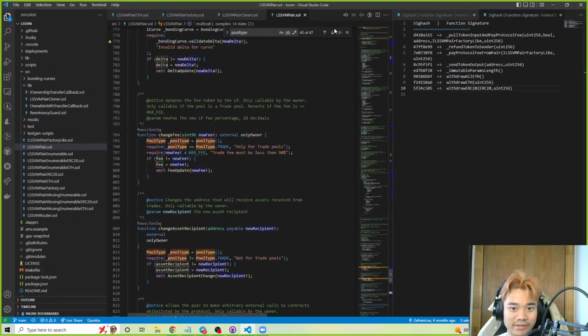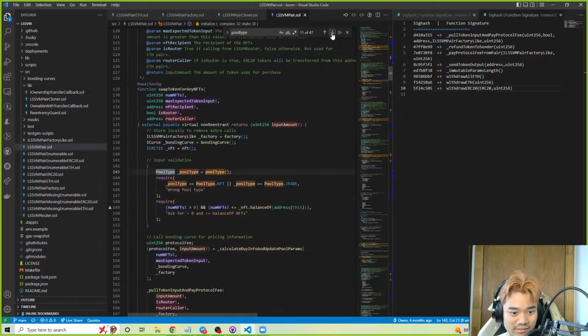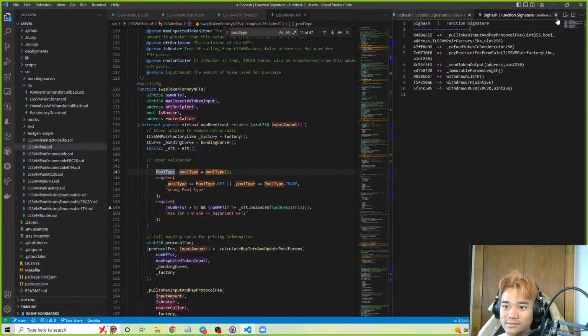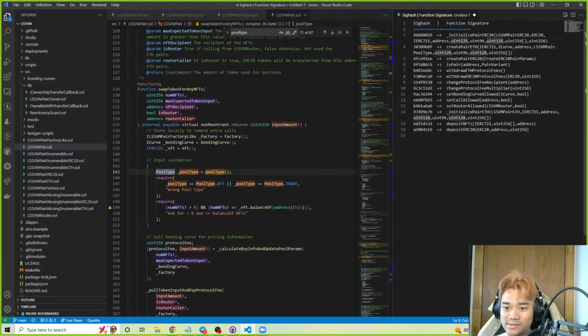All right. Pool type. Swap token. Okay, here's... How many swap functions are there? No, this isn't the one that I care about.